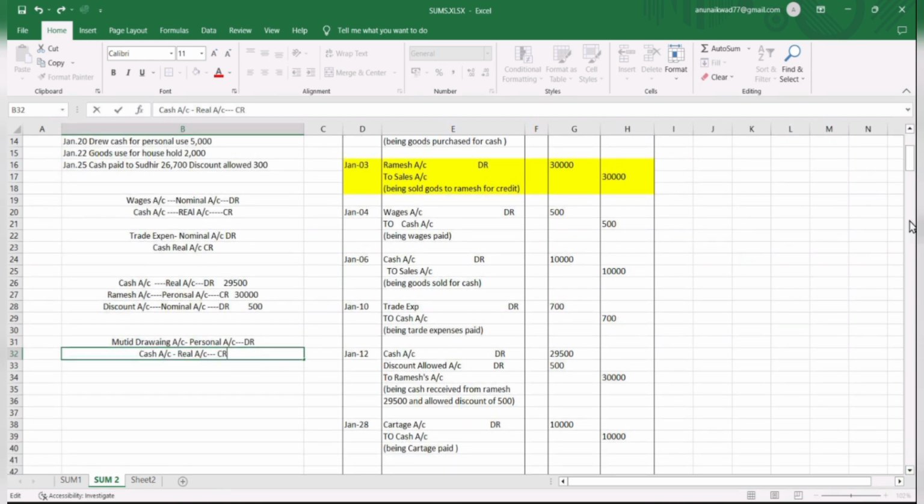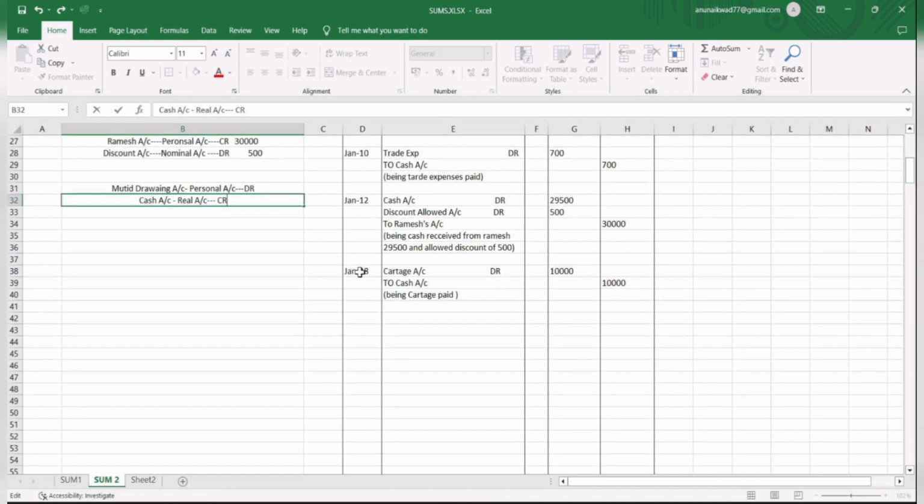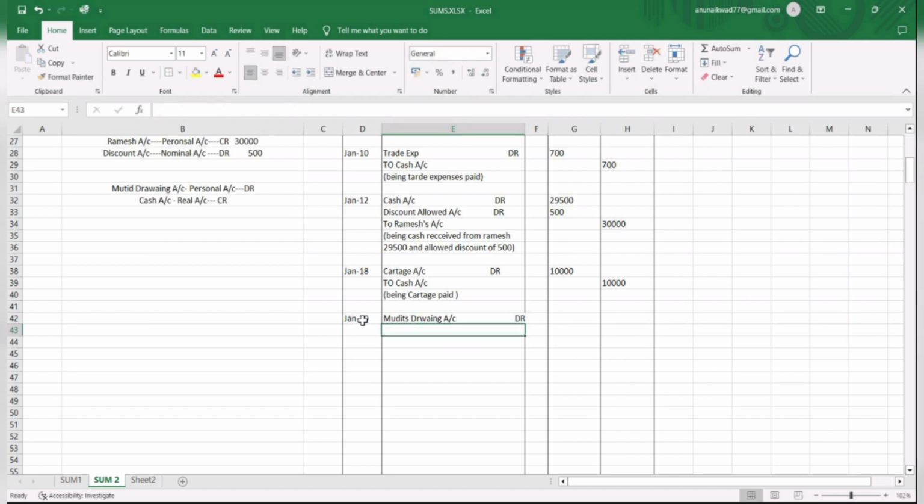So let us record this transaction. It took place on Jan 20. Okay, this must be 18. Next, Jan 20. Drawings, Mudit's drawing account, debit to cash, if he is withdrawing cash or goods.